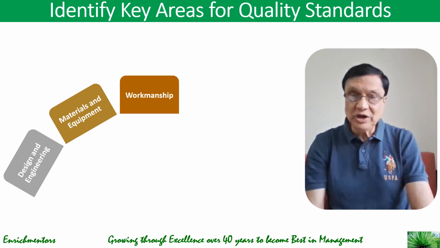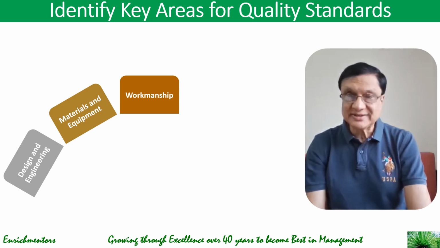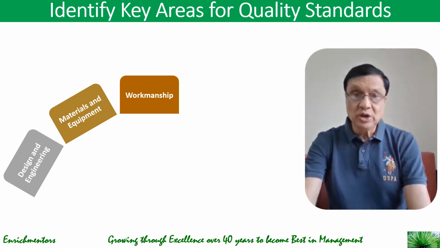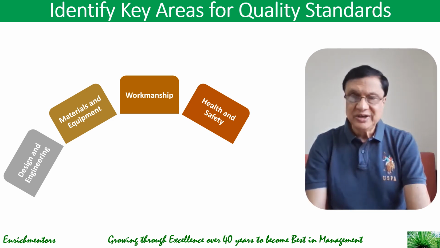Then in terms of the workmanship of the people, you can establish guidelines on on-site work quality in terms of alignment of the various works done, finishing of the work, and tolerances of the work done. Then you also would need to set quality standards in the health and safety area, where you can integrate OSHA, ISO 45001 or other safety standards.